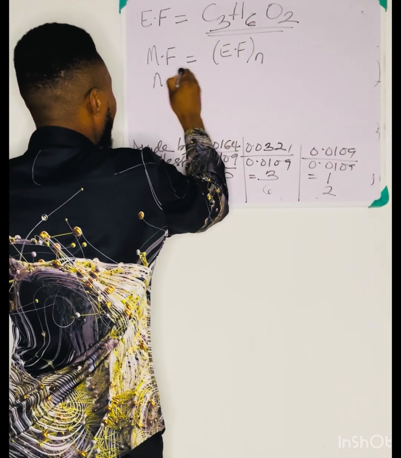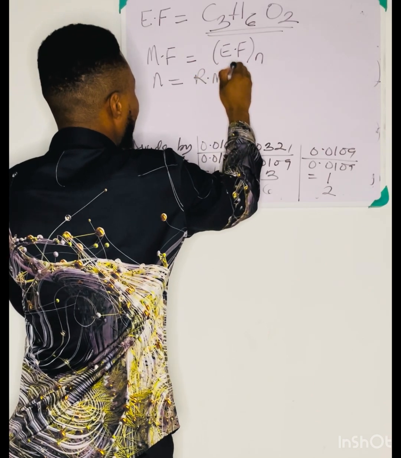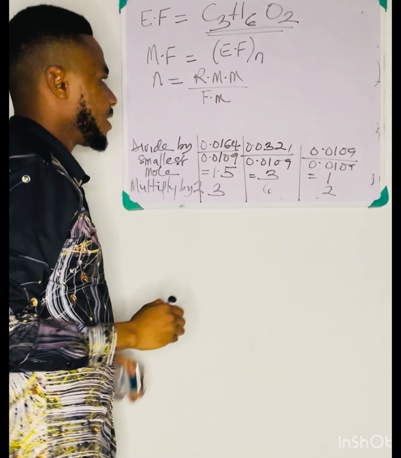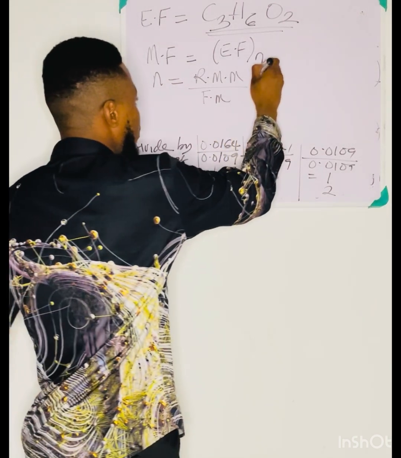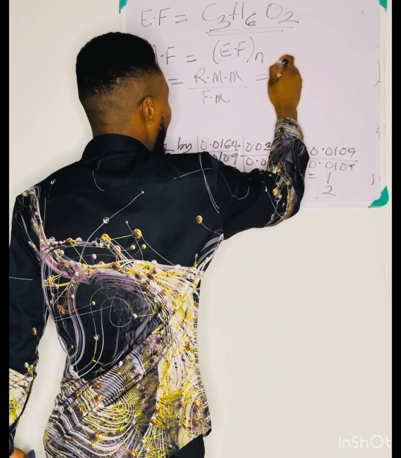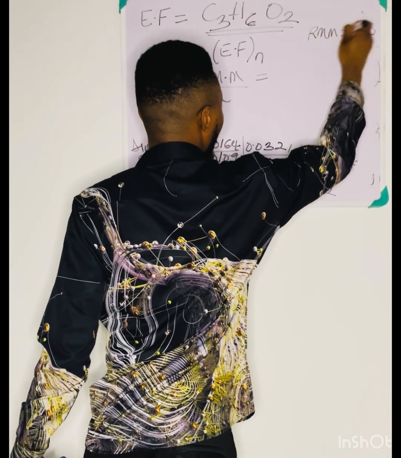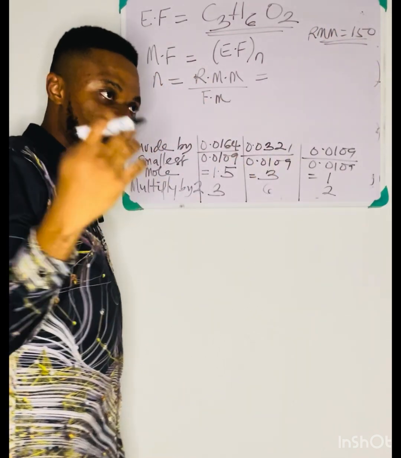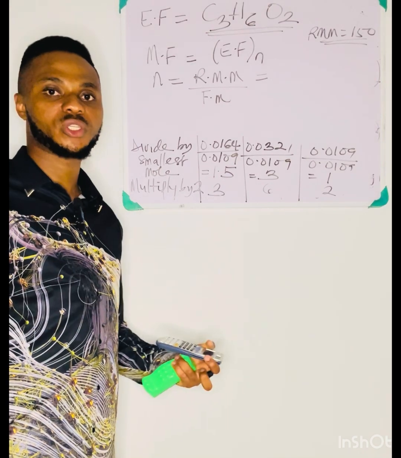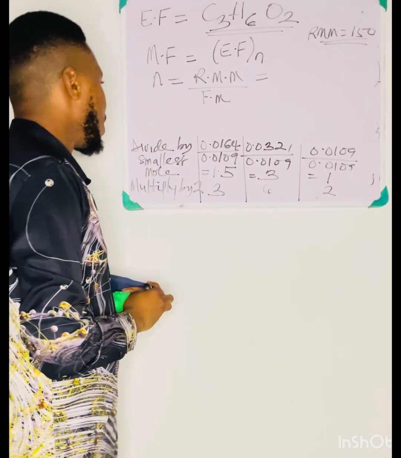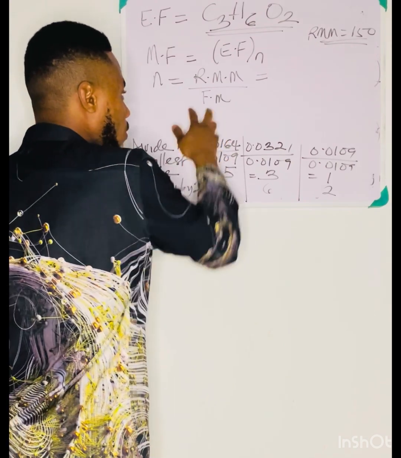This n is the relative molecular mass divided by the formula mass. The relative molecular mass given in the question was 150. It can be different based on the question, but in this particular question, the relative molecular mass is 150.